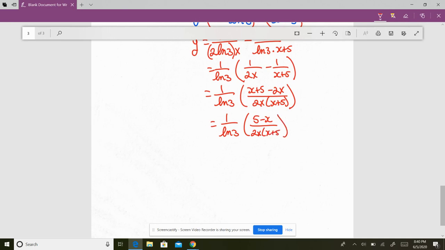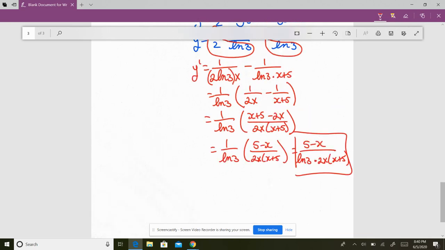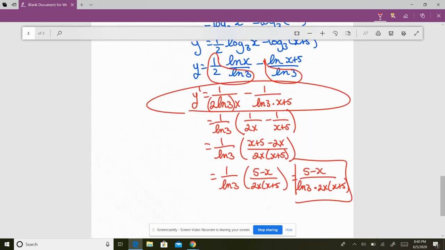You can dump the 2x in if you wanted. You can basically take away the brackets because it's 1 times the top and natural log of 3 times the bottom. So we look like natural log of 3 times 2x times x plus 5. You don't have to do this. You can stop it there.